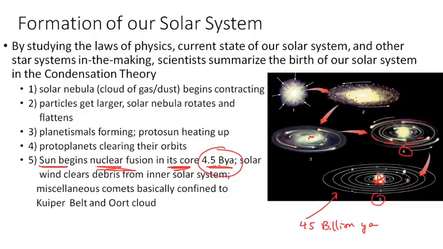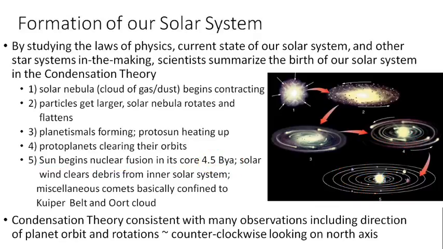About 4.5 billion years ago the sun turned on, and it created something called solar wind. I call it flashing, but it cleared out the extra dust that had not been associated with a planet. So that's kind of how it goes, in a nutshell.